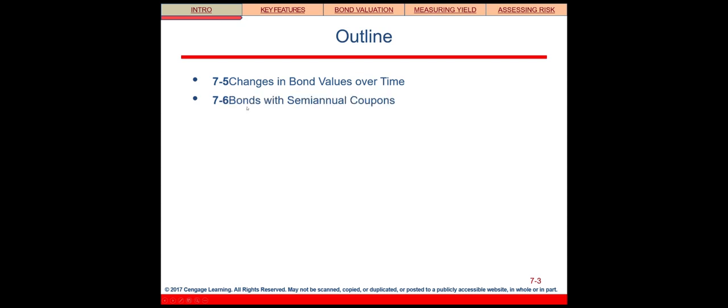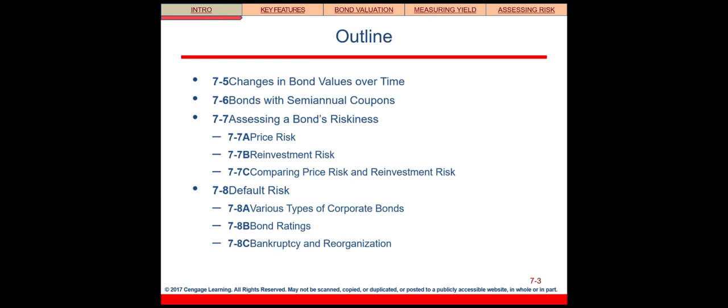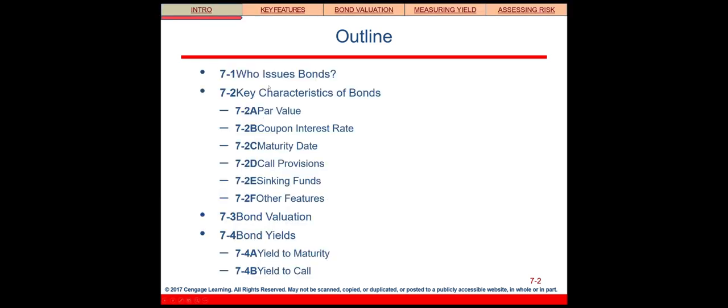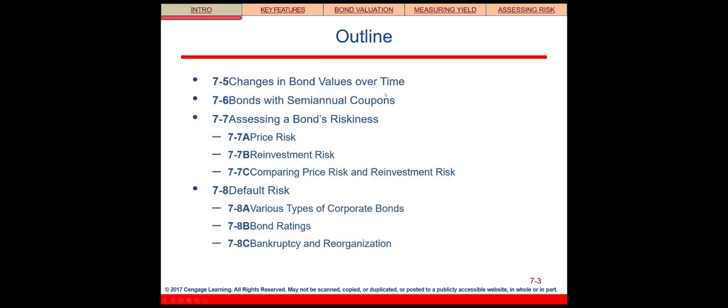And then the sixth one is bonds with semi-annual coupons. So we're going to cover the first one, key features of bonds, in today's class, and we leave bond valuation and bond yields for the second class. In the third class, we are going to discuss the changes in bond values over time and bonds with semi-annual coupons.